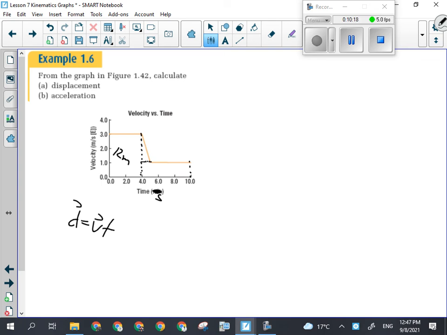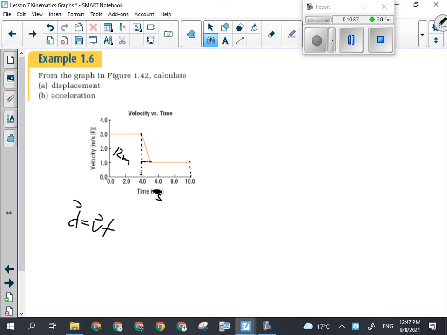That would be this triangle here. If I'm looking at this triangle, the change in velocity goes from 3 to 1. So the height of this triangle is 2, and the base of this triangle is 1 second. Everyone with me on that?